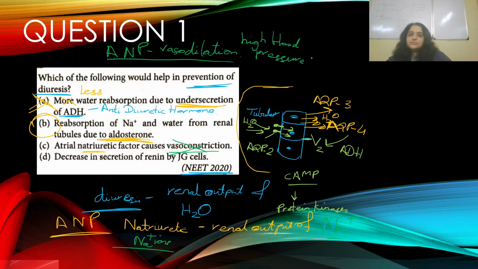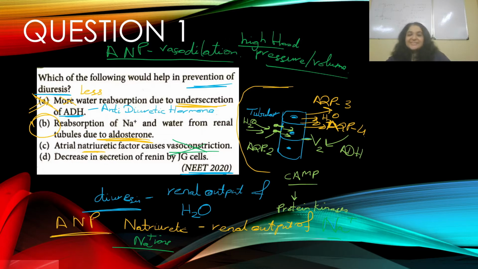When there is high blood pressure or volume, ANP is secreted, it's released, and then it acts and causes vasodilation.